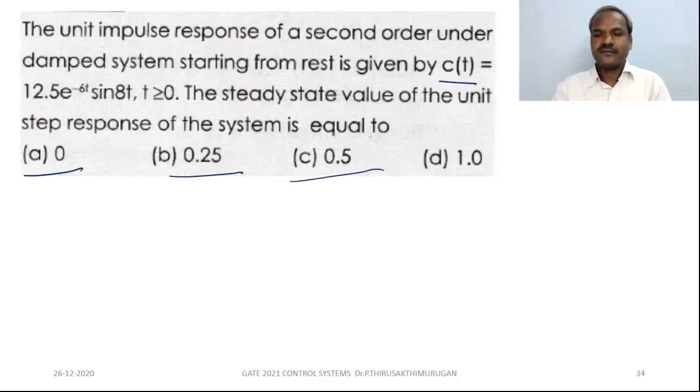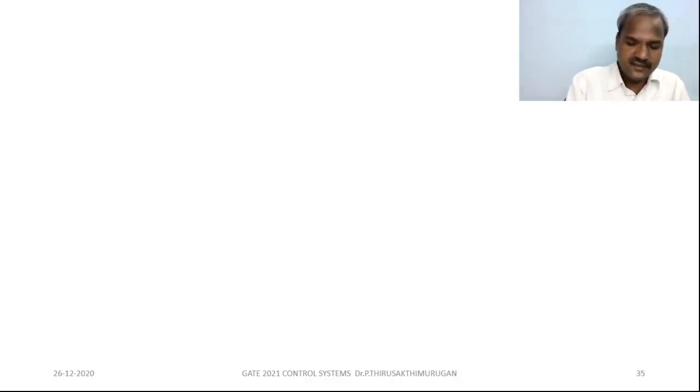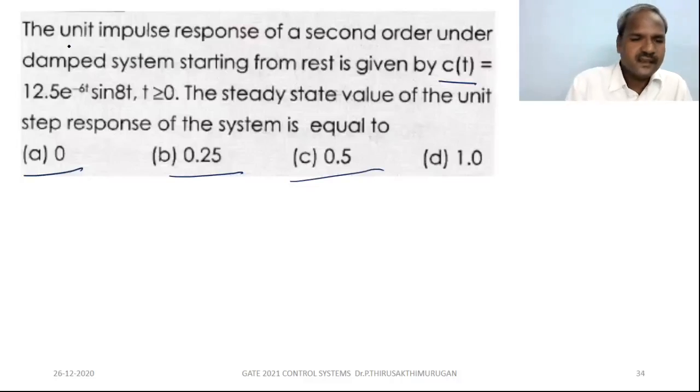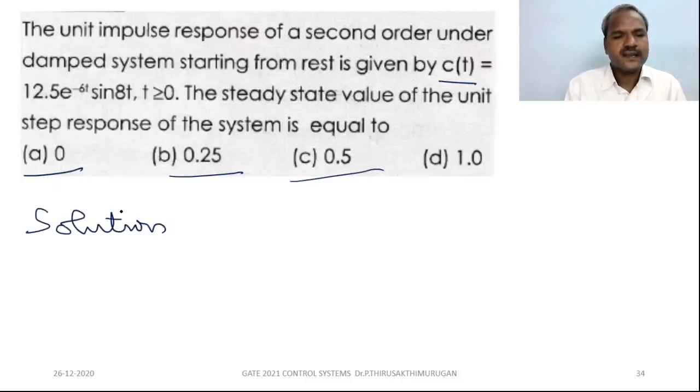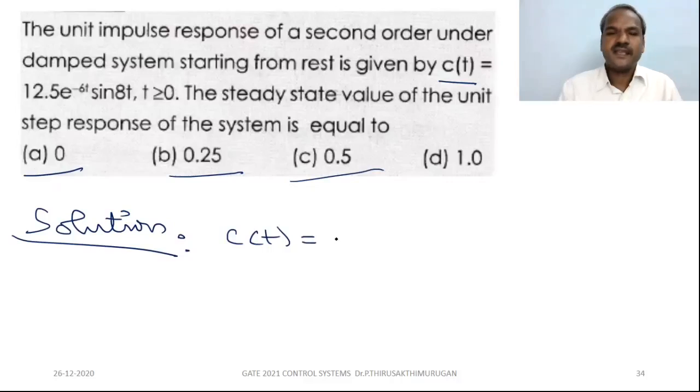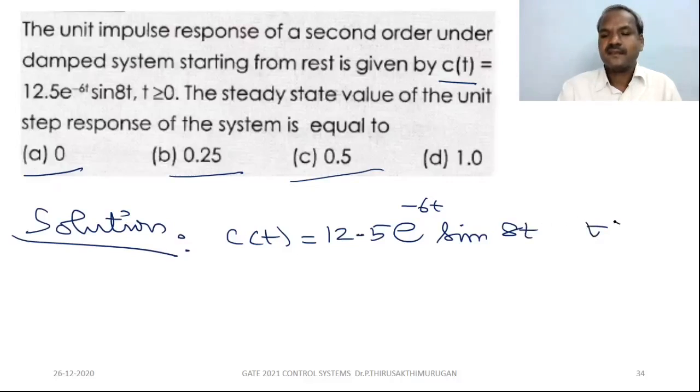So let us find the solution for this system. What is given? C of t is given. What is C of t? 12.5 e to the power minus 6t sine 8t, where t is greater than or equal to 0.